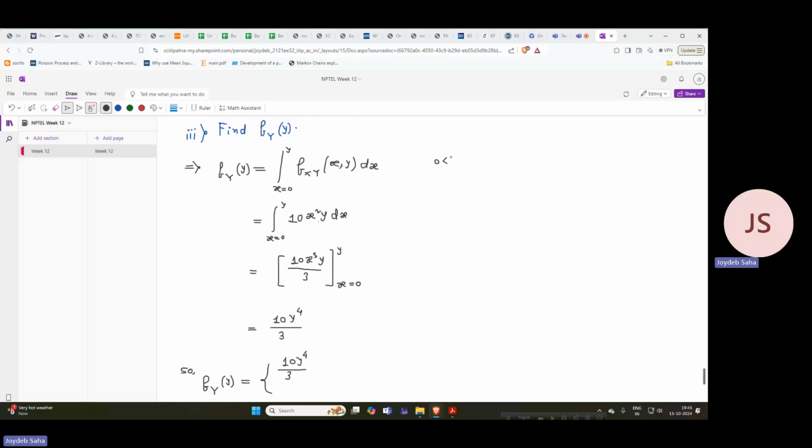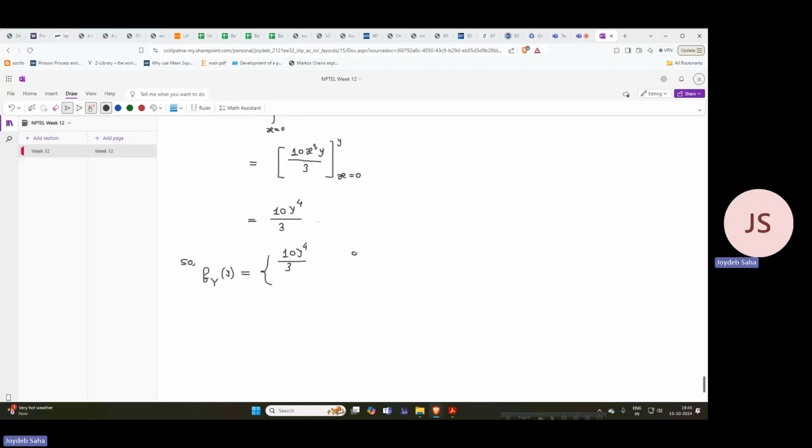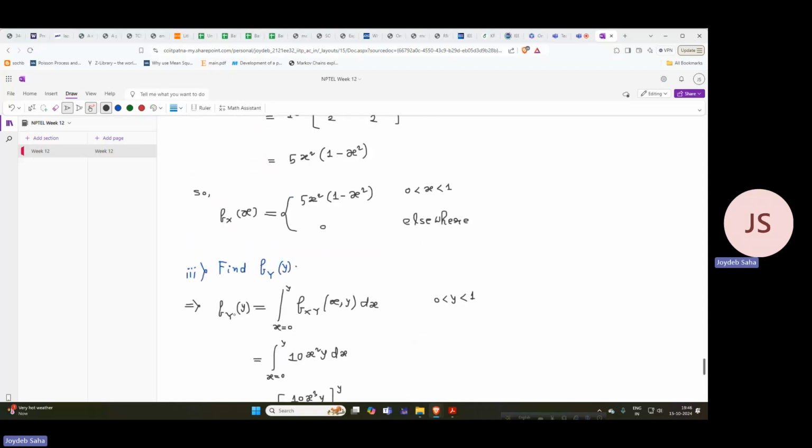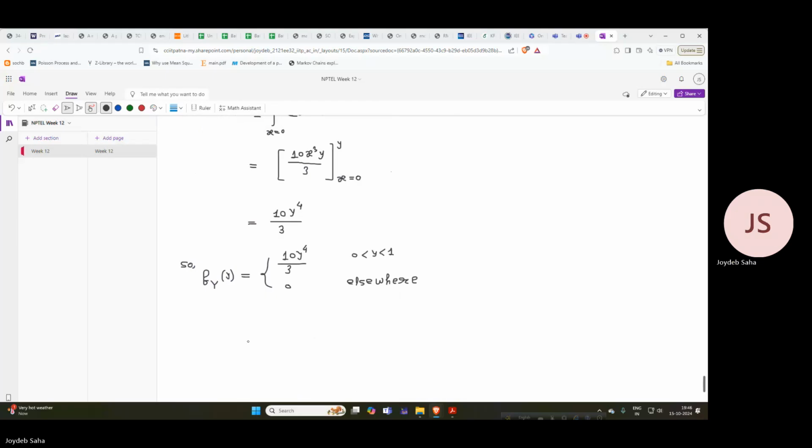Y's limit is 0 to 1, 0 less than y less than 1, and 0 elsewhere. Okay. So any question? If no question, then we proceed to example 4.